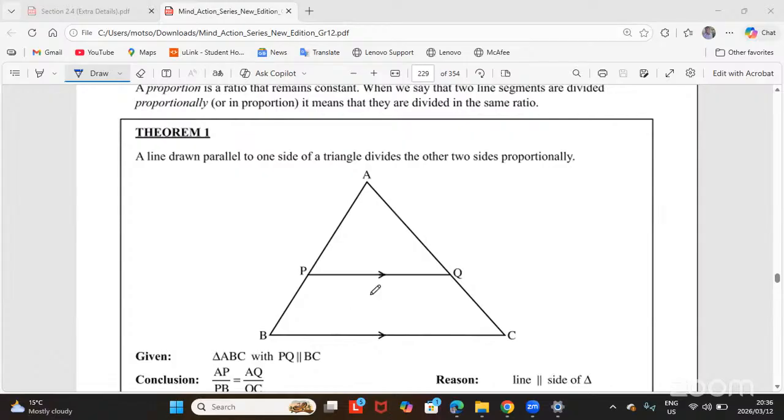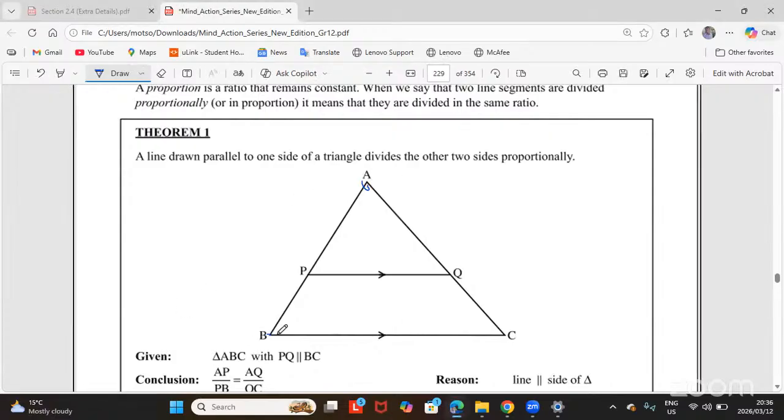Perfect. Here, in the proportionality theorem, you will always be given a triangle. This triangle is ABC. A triangle is a shape with three corners, three lines. A, B, C are the corners. AB is a line, AC is a line, BC is a line as well.